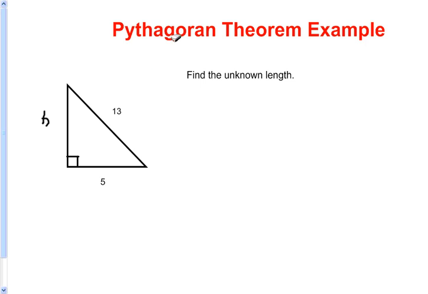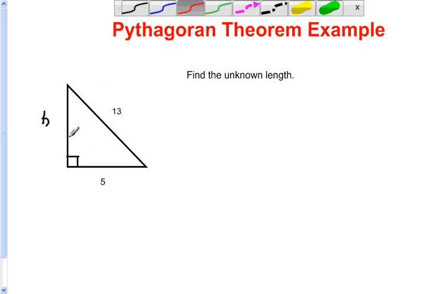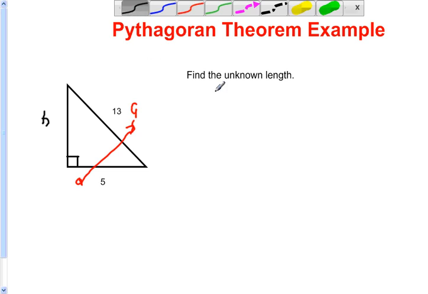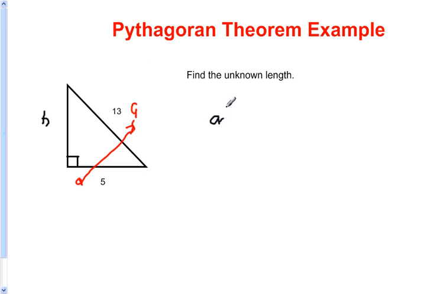But I'm going to call it B. And once that's B, that means this side down here is A. And this side is C. And start with our equation. A squared plus B squared is equal to C squared.